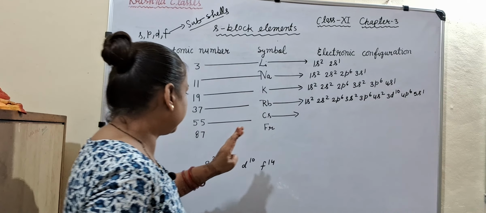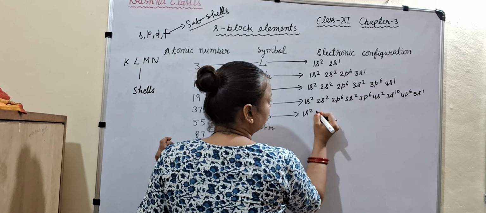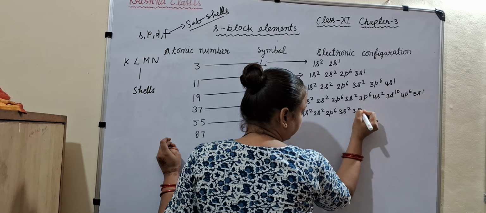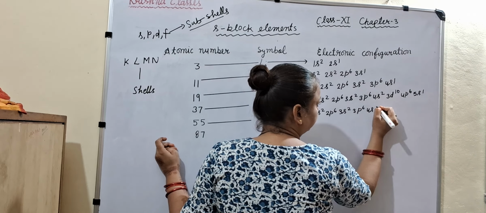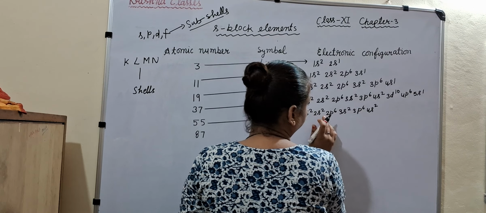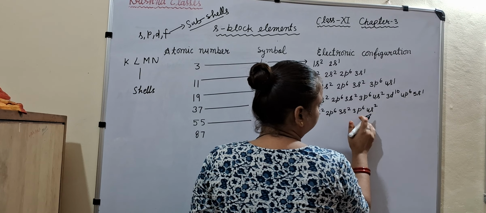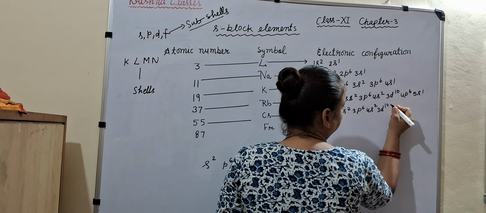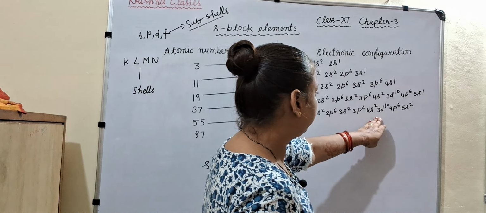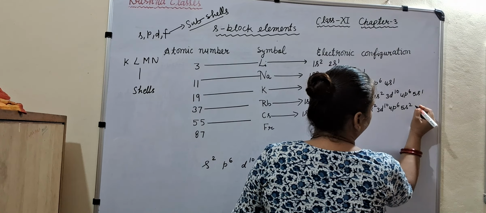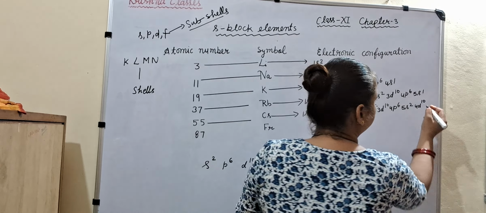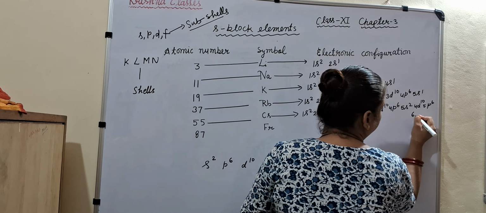Let's do the electronic configuration: 1s2 2s2 2p6 3s2 3p6 4s2 3d10 4p6 5s2 4d10 5p6 6s1.